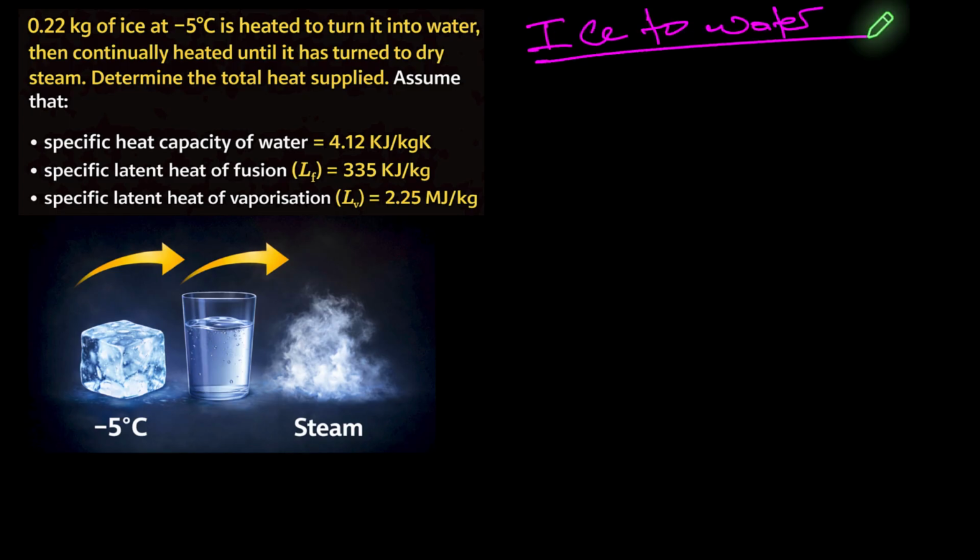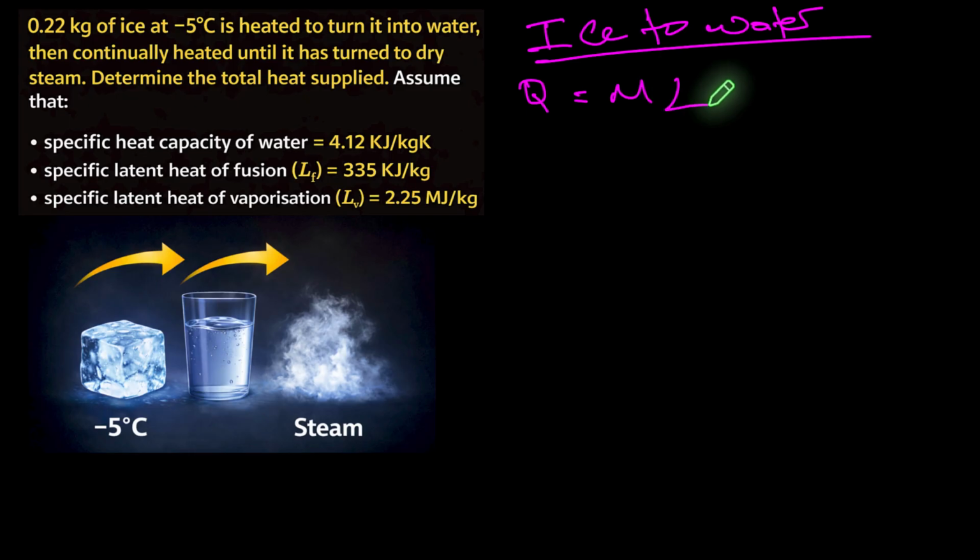Now, the first thing I'm going to do here is to evaluate how much energy it will take to convert the ice into water. And the formula that we use for that is Q, which measures heat energy, equals M for mass times L for latent heat.